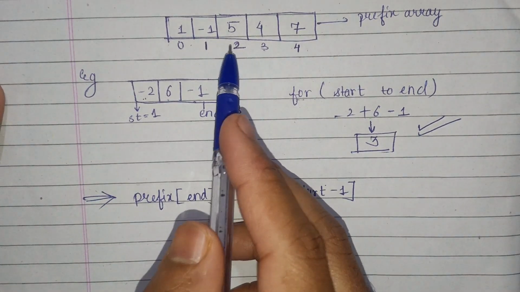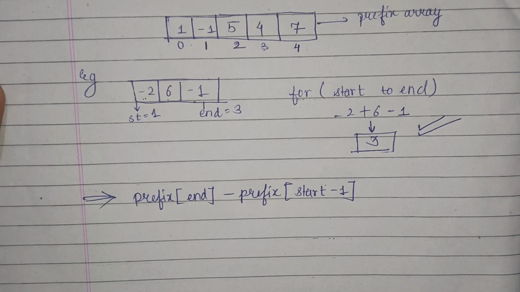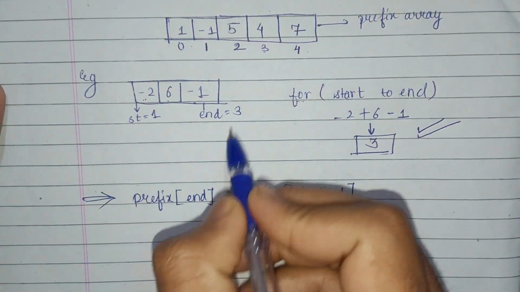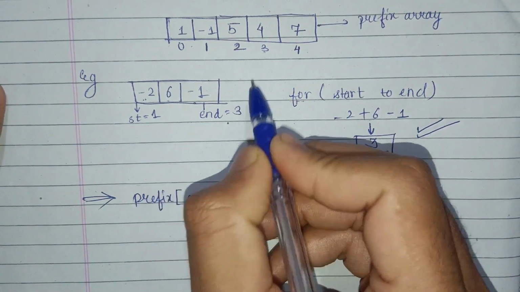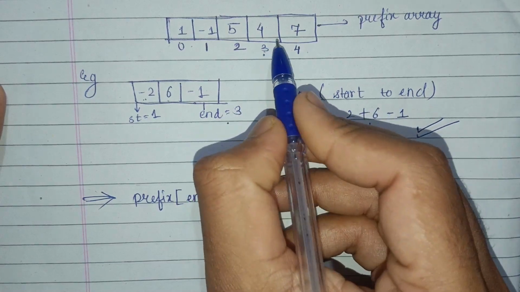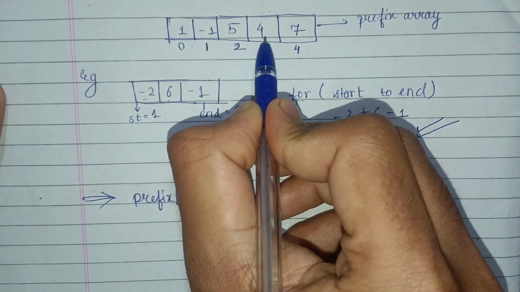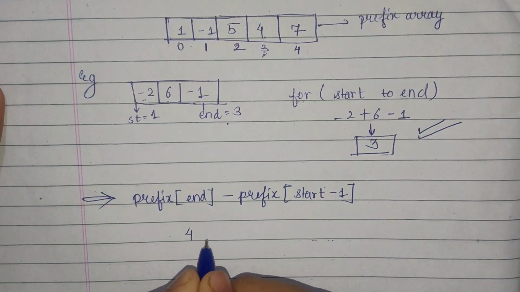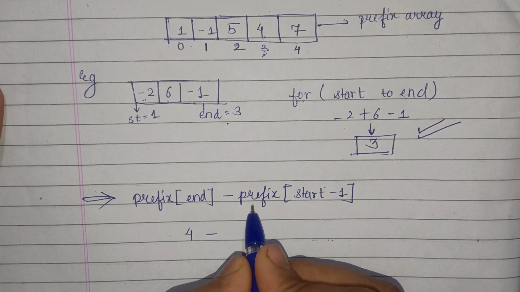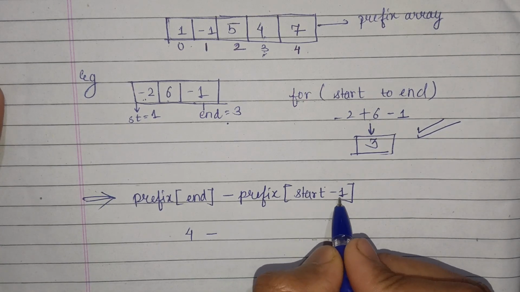In the prefix array we can see that prefix of end, where end is 3, is 4, so 4 minus prefix of start minus 1.